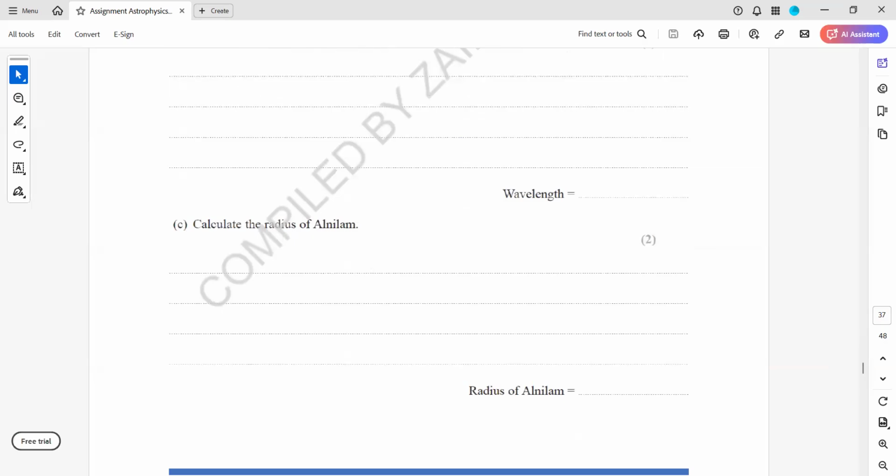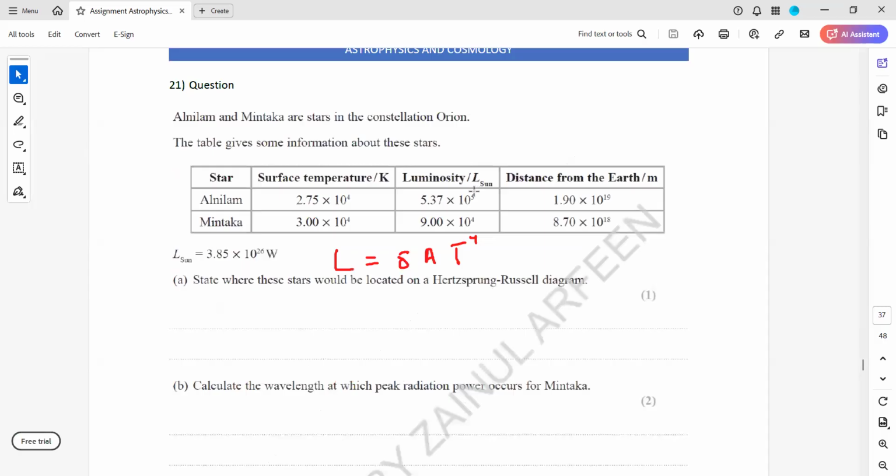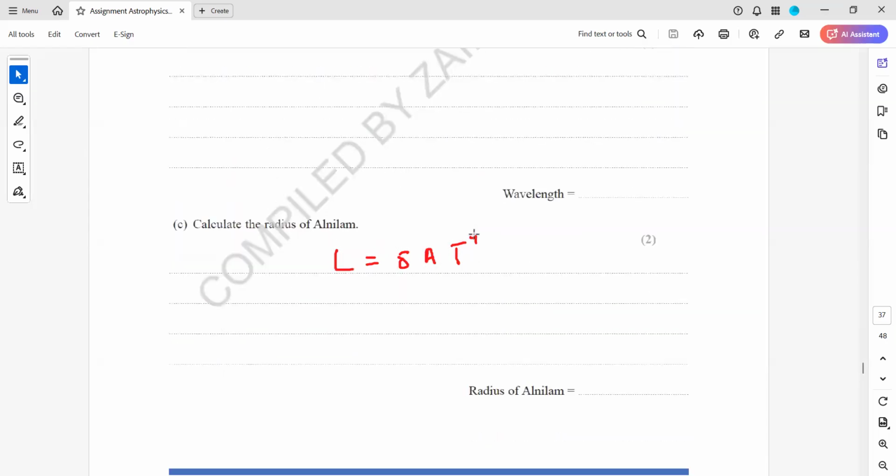According to the Stefan-Boltzmann law, luminosity, or we can also say the power, is equal to sigma, the Stefan-Boltzmann constant, times area, the size of a star, and T raised to power 4. So in the question, we have both the luminosity and the surface temperature as well. So we can determine the radius, and because it's a sphere, the area is 4 pi r squared.